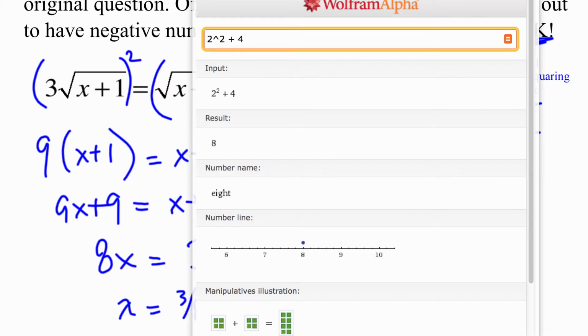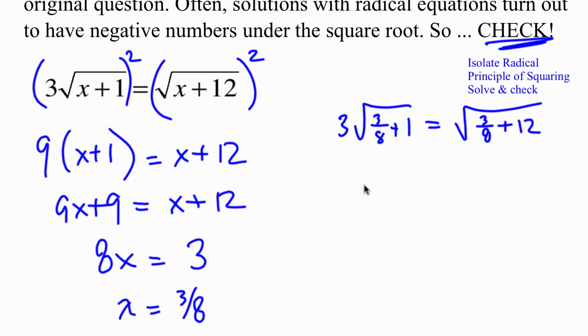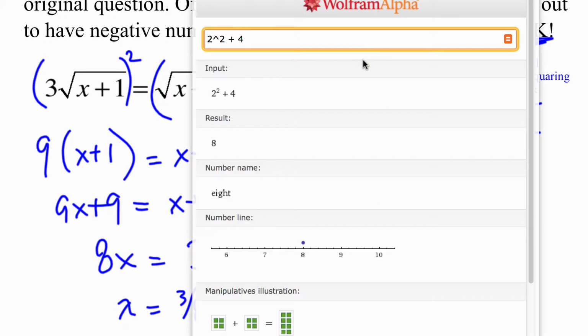I don't know, this might work. Oh, I can't see anything. So square root of, what was it? 3/8 plus 1. Okay. Square root of 3/8 plus 1.